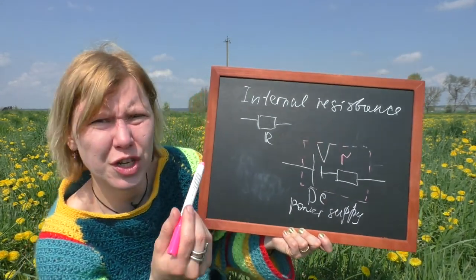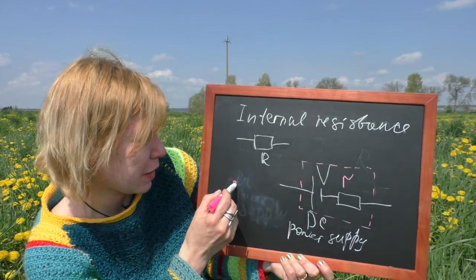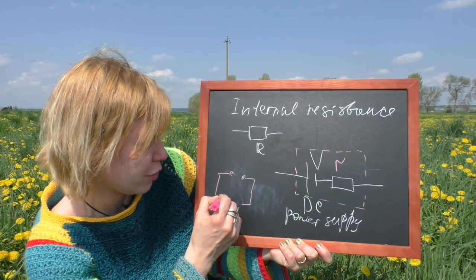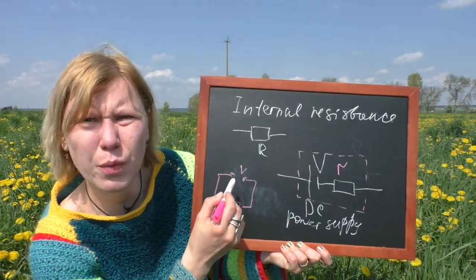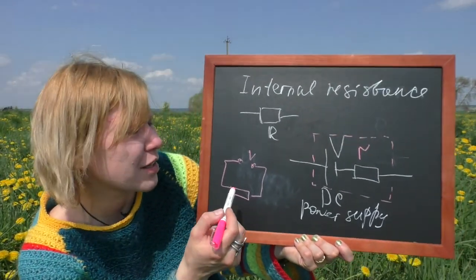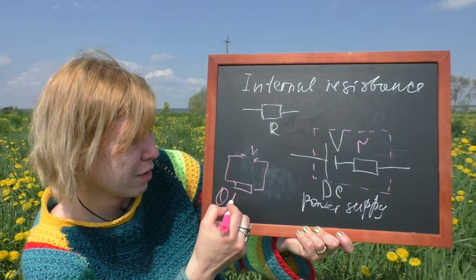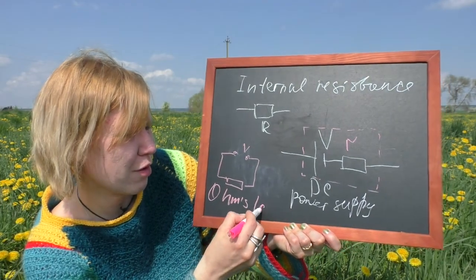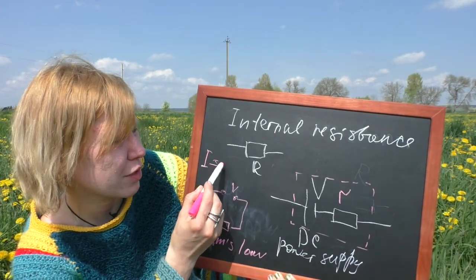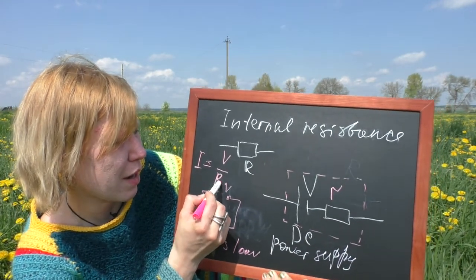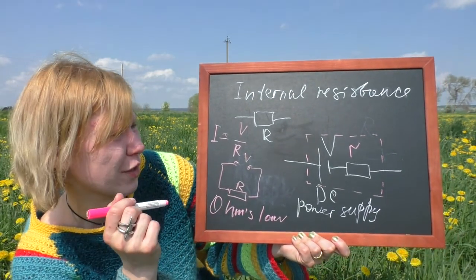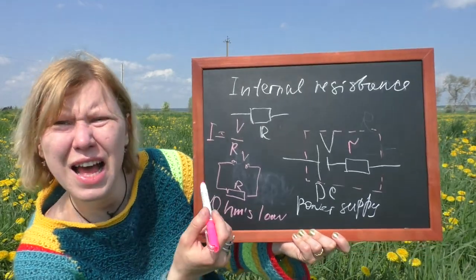When we have just a part of a circuit, for example, a part of a circuit is sometimes drawn by just points and the voltage between these points, we can say that Ohm's law works here. Ohm's law, where current is voltage divided by resistance, all the resistance that we have in the circuit. And that's absolutely right.